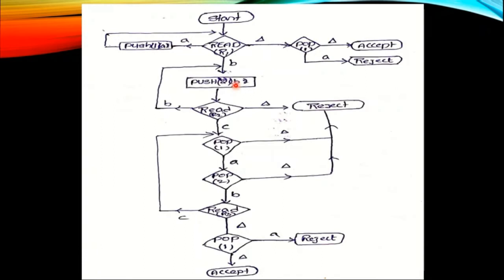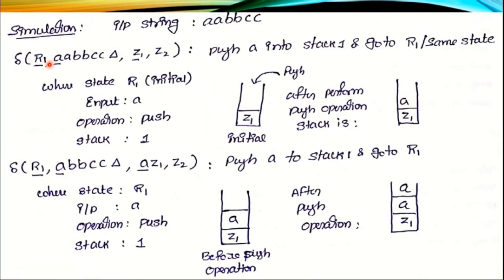So Z1 indicates stack 1, Z2 indicates stack 2. From the initial state the input is a, a, b, b, c, c, stack 1 contains only Z1, stack 2 contains only Z2, so initially both stacks are empty.